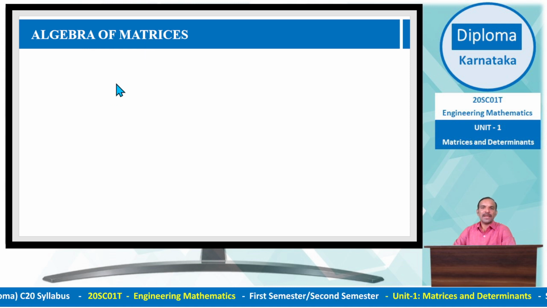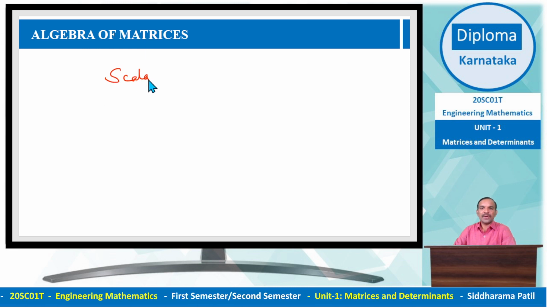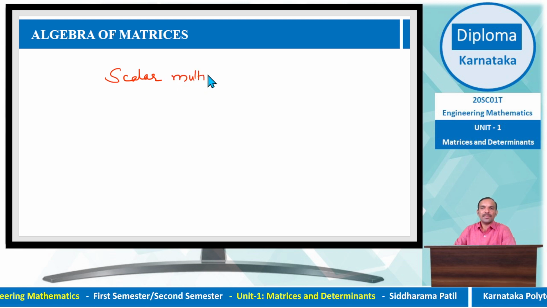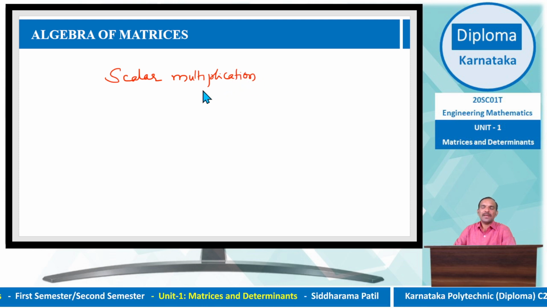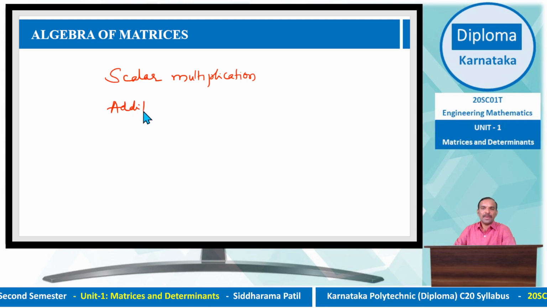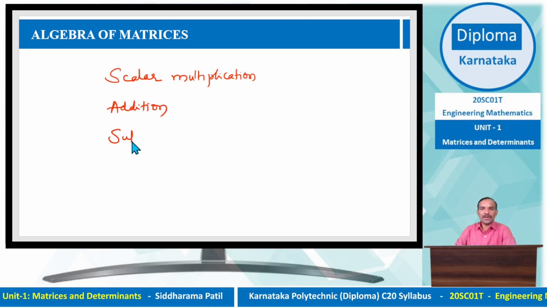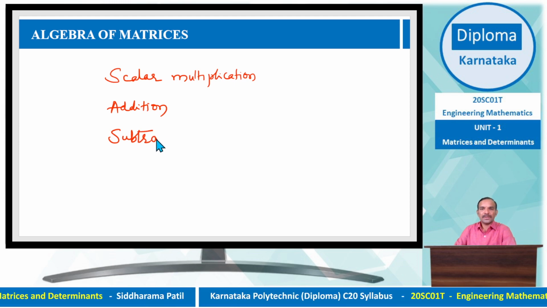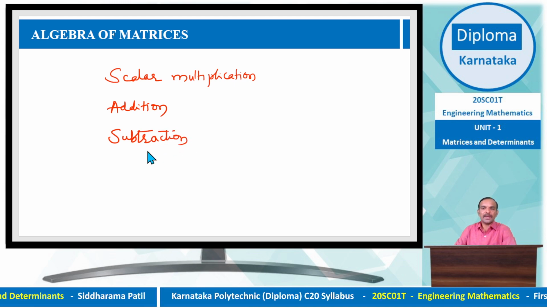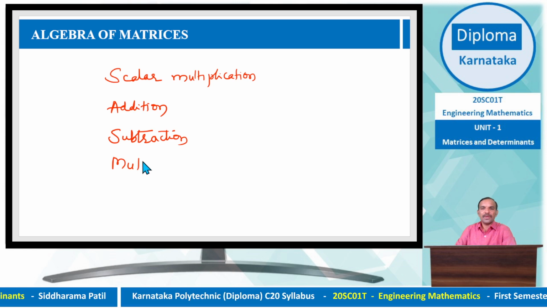Under algebra of matrices, we are going to study scalar multiplication of a matrix, that is multiplication of a matrix by a scalar, and next, addition of matrices, subtraction of matrices, and multiplication of matrices.